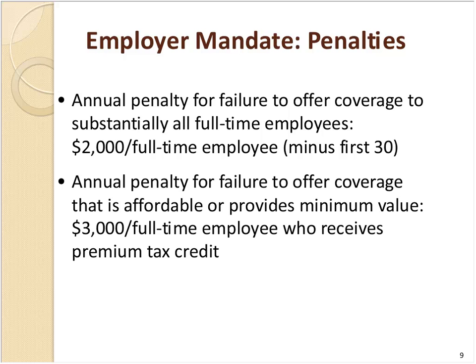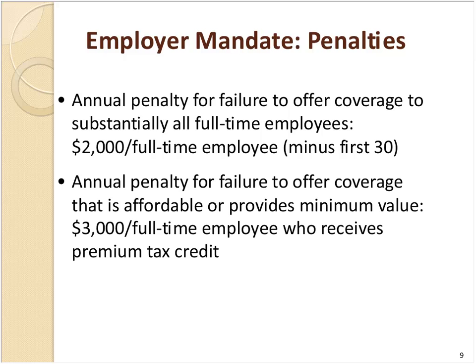And the A penalty is triggered if even one full-time employee qualifies for coverage through the exchange and qualifies for a subsidy. So the stakes for the A penalty are very high.